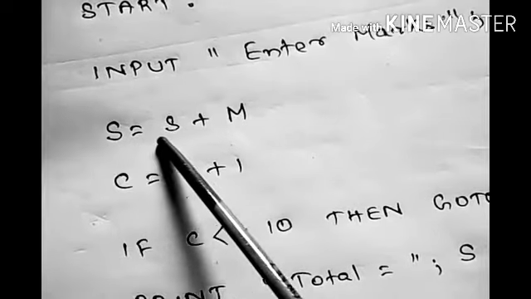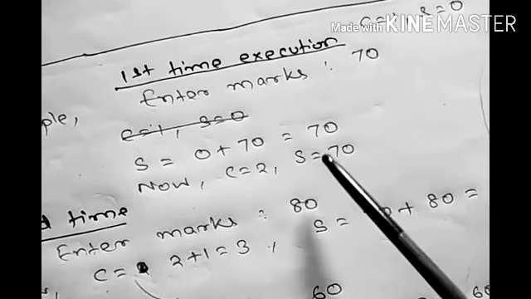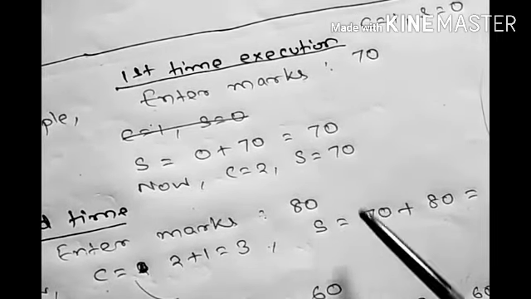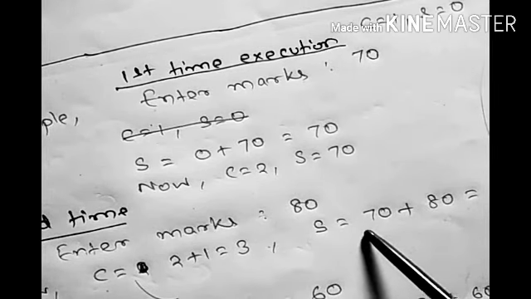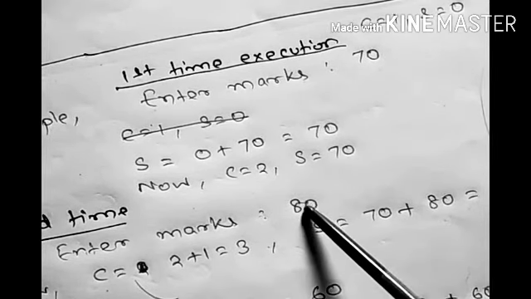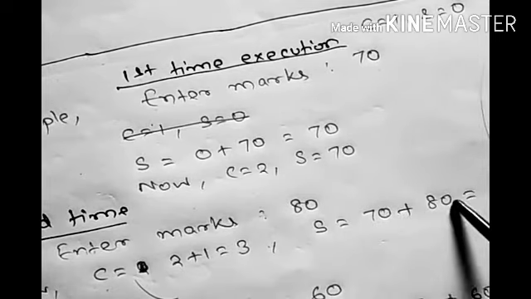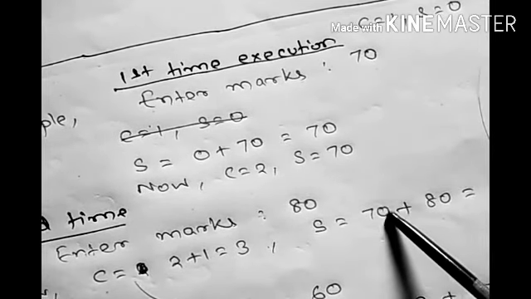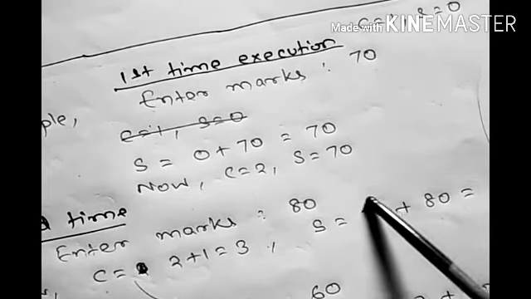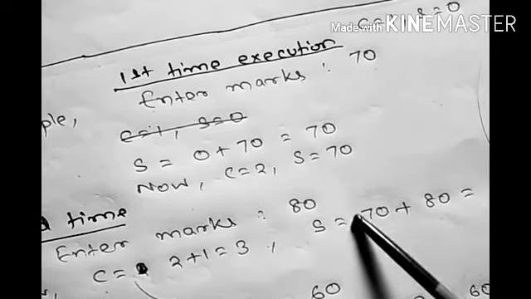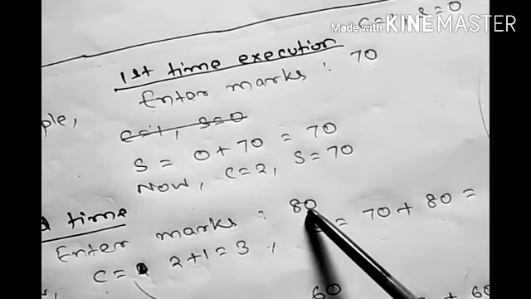Now again this statement will be executed, S is equal to S plus M. Previously the value of S was 70. Now you have input 80. So S plus M means the current value of S is 70 and the current value of M is 80.